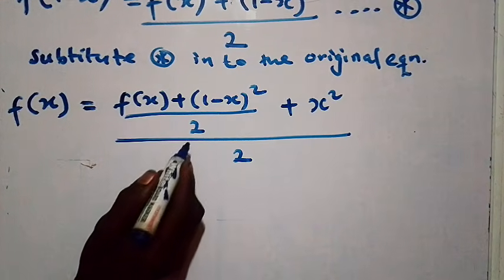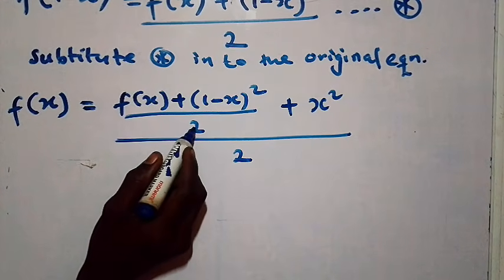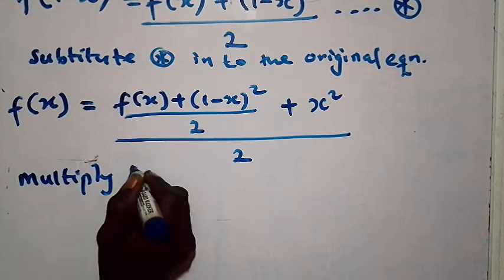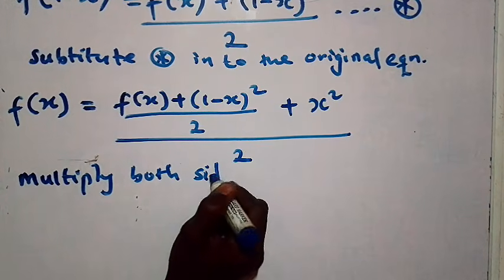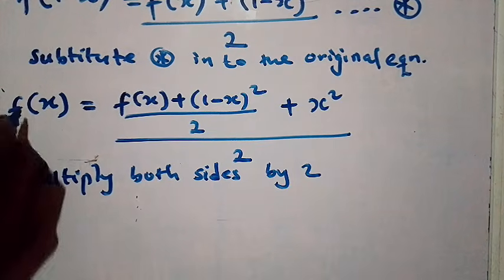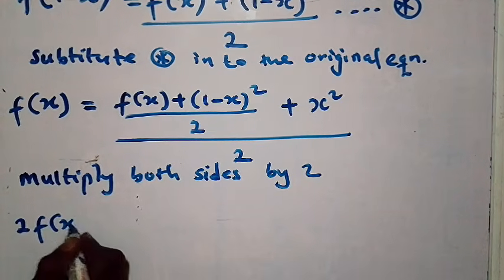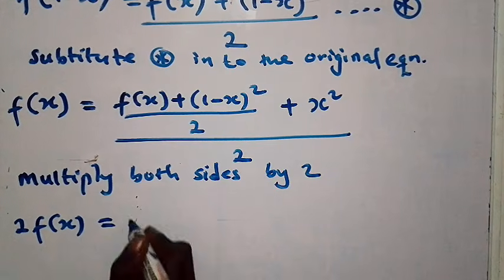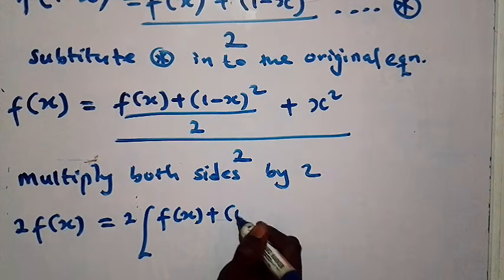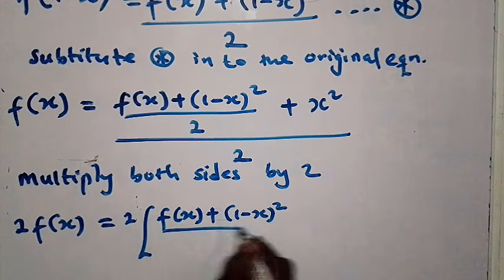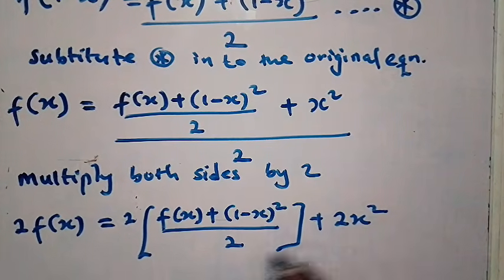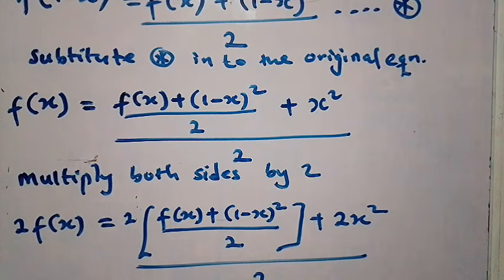The next thing to do, let's find a way of eliminating this 2. Multiply both sides by 2. If we multiply both sides by 2, from the first one we have 2 f of x equals 2 into the bracket of f of x plus 1 minus x squared over 2, plus 2x squared, everything divided by 2.